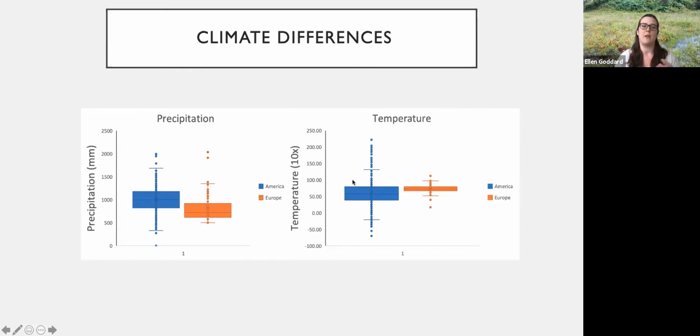So this is kind of showing that the European ones are sitting within this small niche, and maybe this small niche is actually the more suitable habitat or suitable climatic range for this plant. So it could be suggesting that if we can identify the populations in North America that are also sitting within this range, they may be the ones that are best to look at for conservation and restoration, which is some exciting new steps for me.